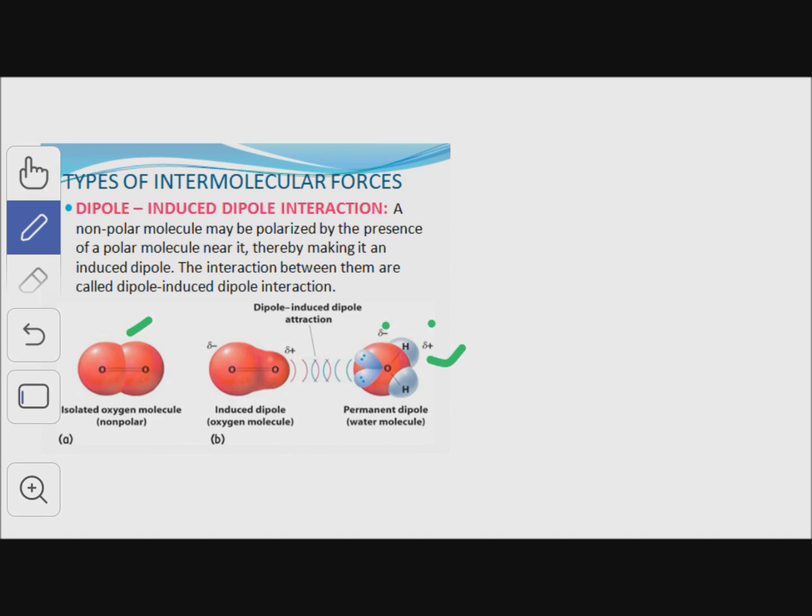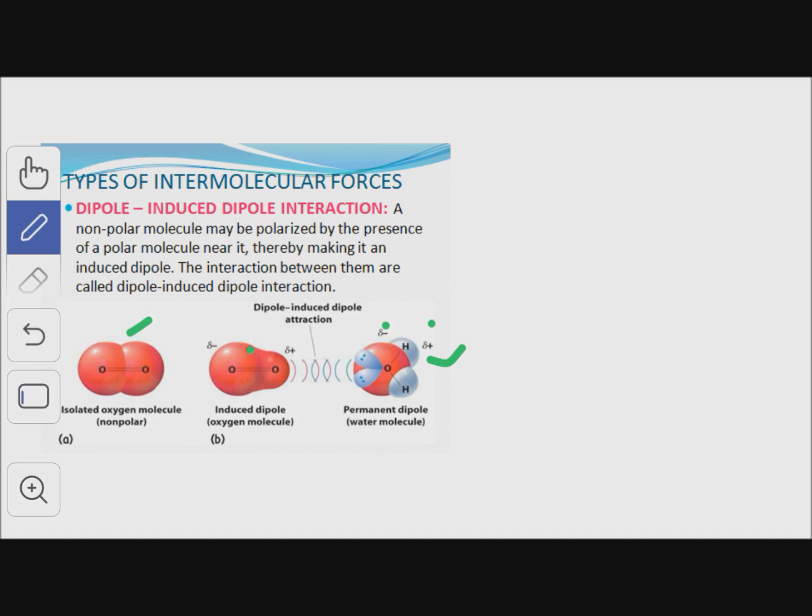When this polar molecule approaches the non-polar oxygen molecule, the electron cloud of the oxygen molecule gets distorted, gets polarized.